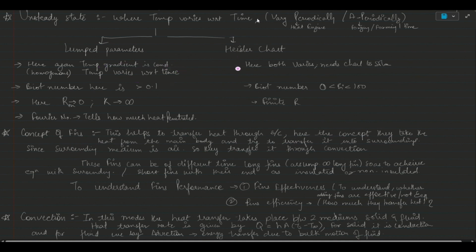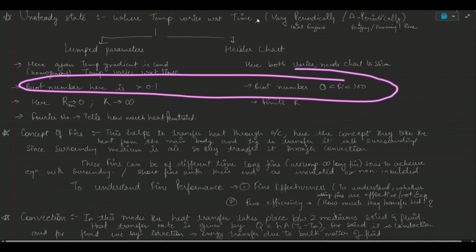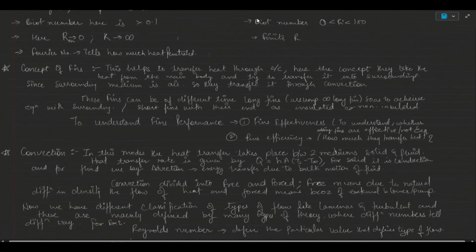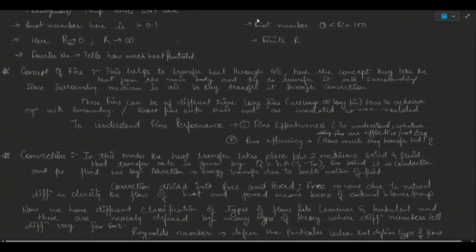But in the Heisler chart, in that particular case, both vary. So what we have to do is follow a particular chart to solve it. There are other conditions also, like the Biot number and other things. I don't want to go too deep into it, but if you are good enough to understand this, go ahead.